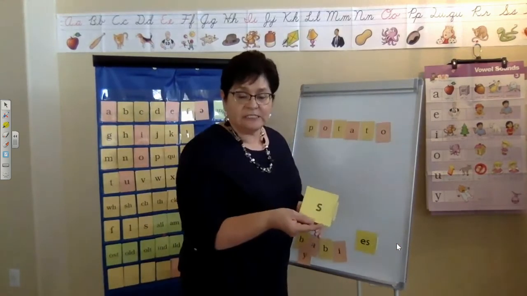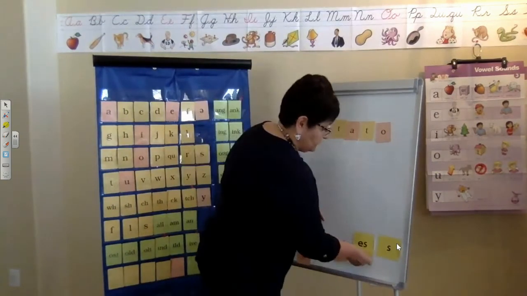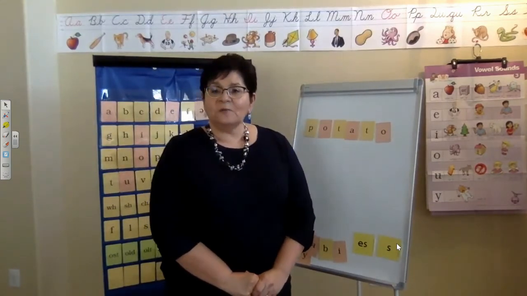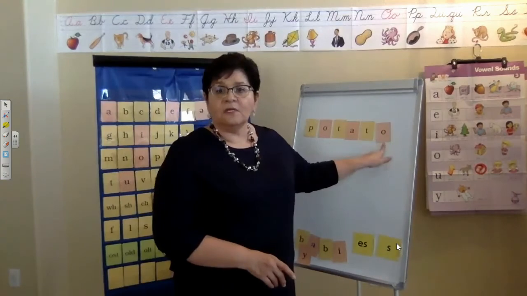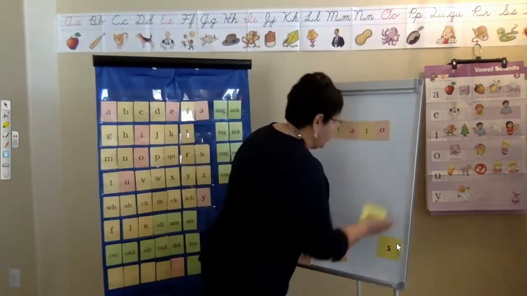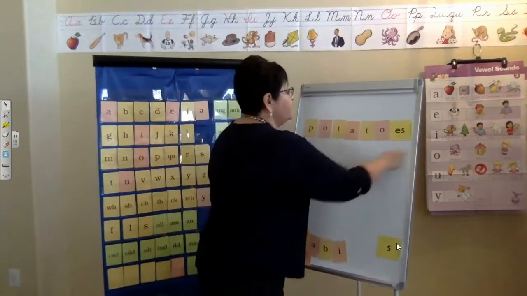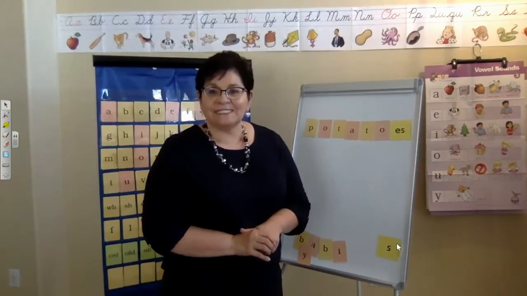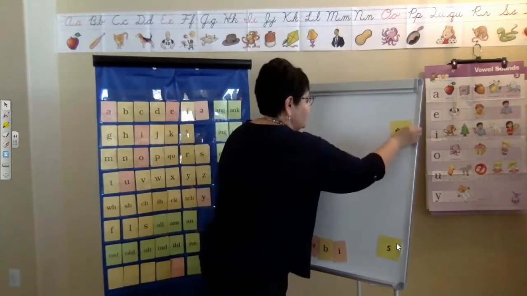We're either going to use suffix S, or we're going to use suffix ES. Well, when a word ends in an open syllable O, what we're going to do is add ES to it. Let's read this word. Potato, potatoes. And what sound is the ES making? Z. That's right.